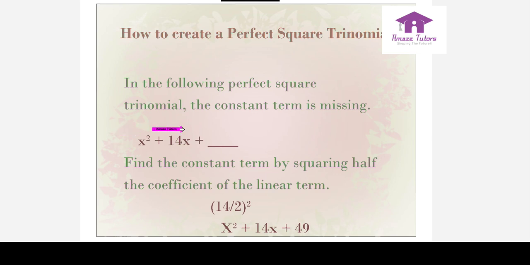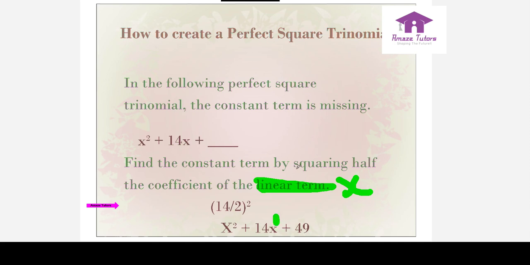Now x squared plus 14x plus the constant term is missing. So what we have to do is find the constant term by squaring half the coefficient of the linear term. Let me explain this. Linear, you know, is with the highest degree 1. So the linear term means the x term, the middle one, wherever the power is 1.